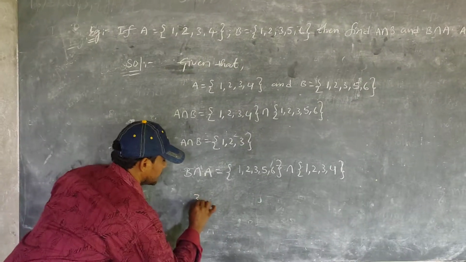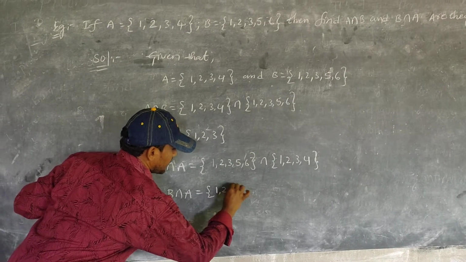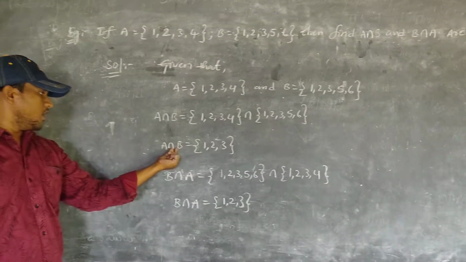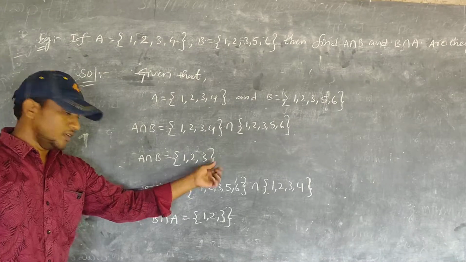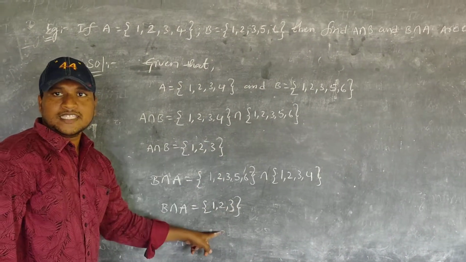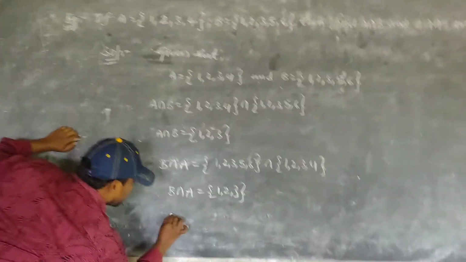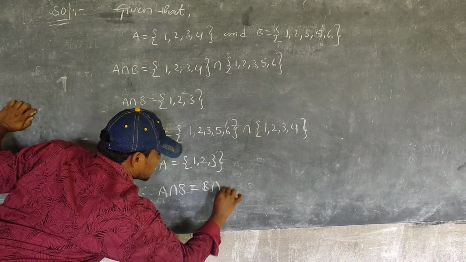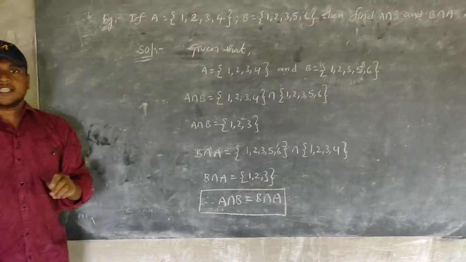Intersection means B intersection A is equal to {1, 2, 3}, only common elements. Here A intersection B is {1, 2, 3} and B intersection A is {1, 2, 3}. Both are equal. Therefore the conclusion: A intersection B is equal to B intersection A.